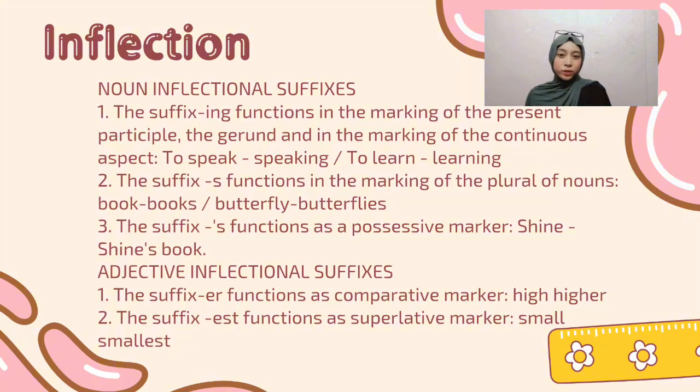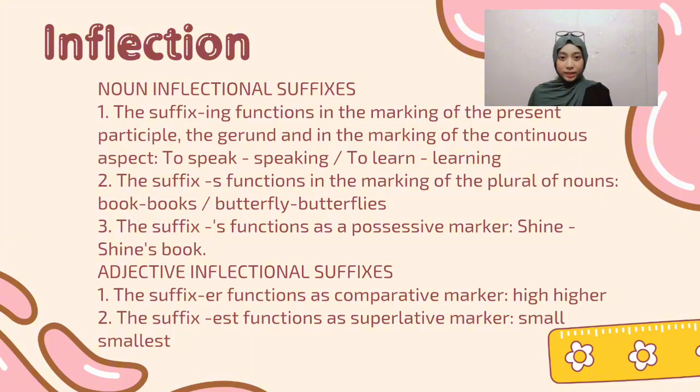Second, the suffix ing functions in the marking of the present participle, the gerund, and in the marking of the continuous aspect. For example, speak to speaking, or learn to learning.